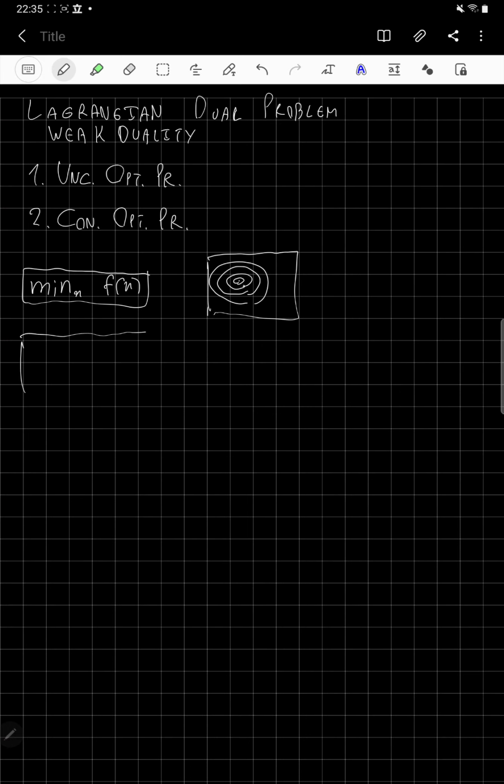Now we have problems that are a bit harder, which is minimize f of x, where subject to x belonging in omega. So maybe we have a problem like the above.